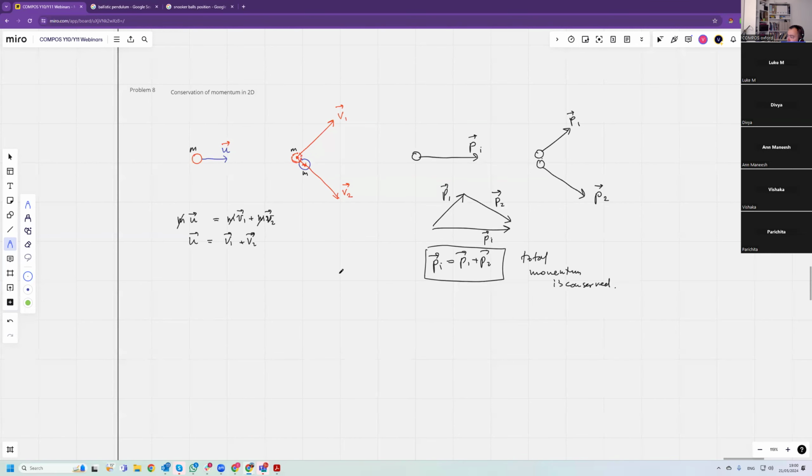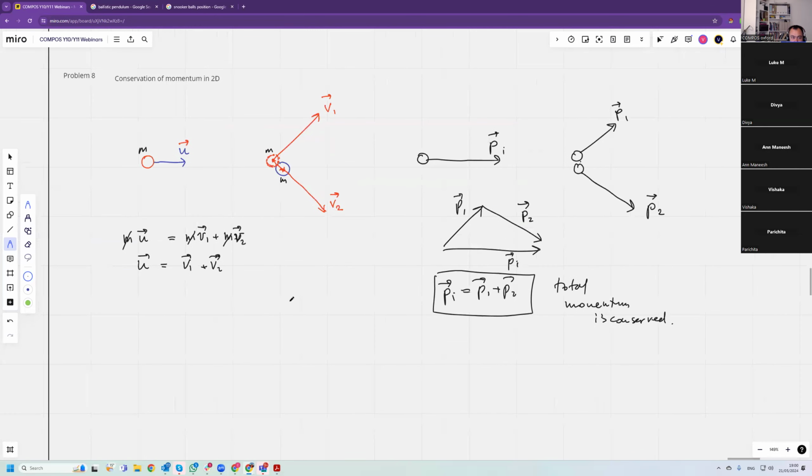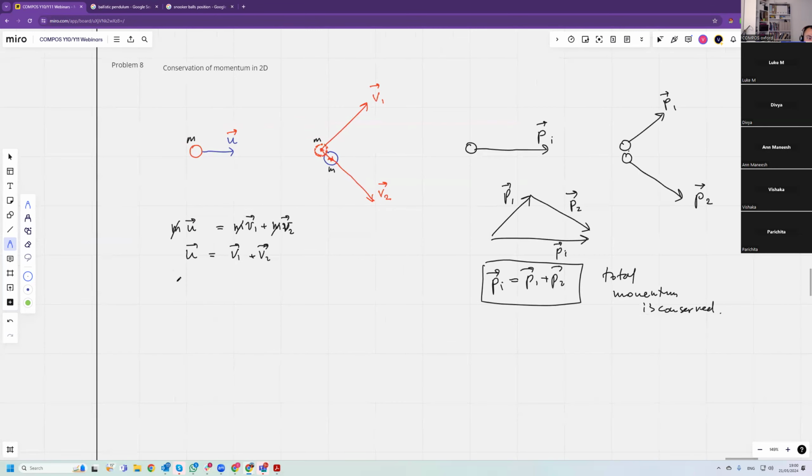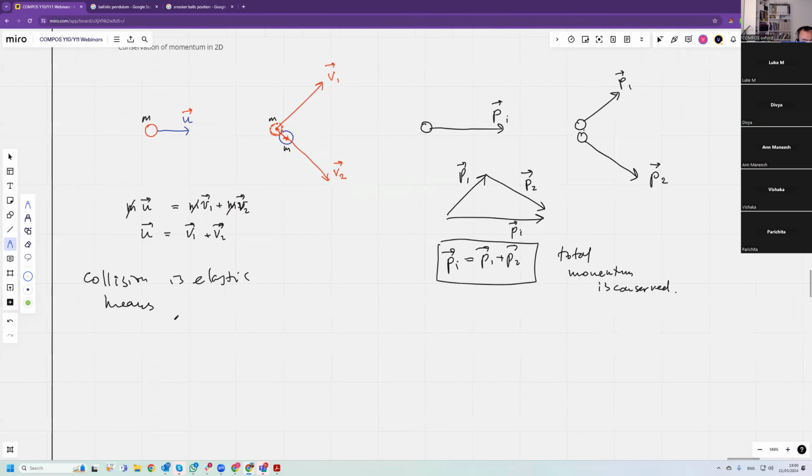Now, for snooker balls, you can assume that the kinetic energy is conserved. Collision is elastic, which means kinetic energy is conserved. And that means we have kinetic energy initial equals kinetic energy of the first ball plus kinetic energy of the second ball.